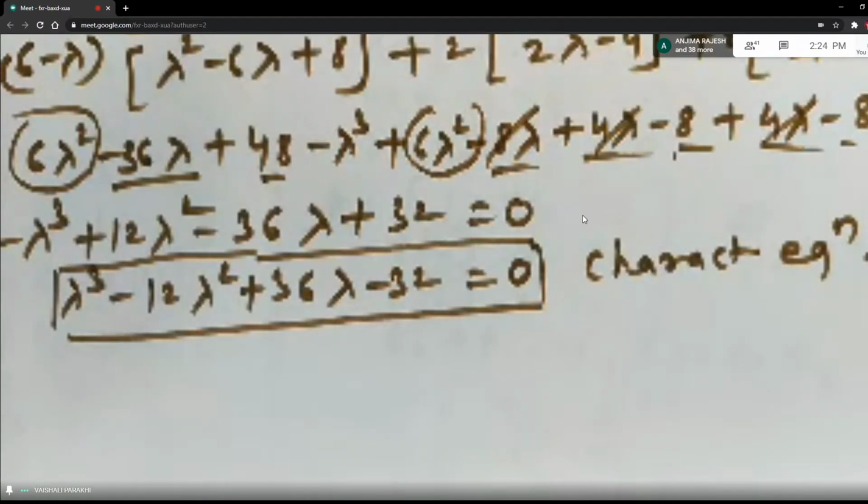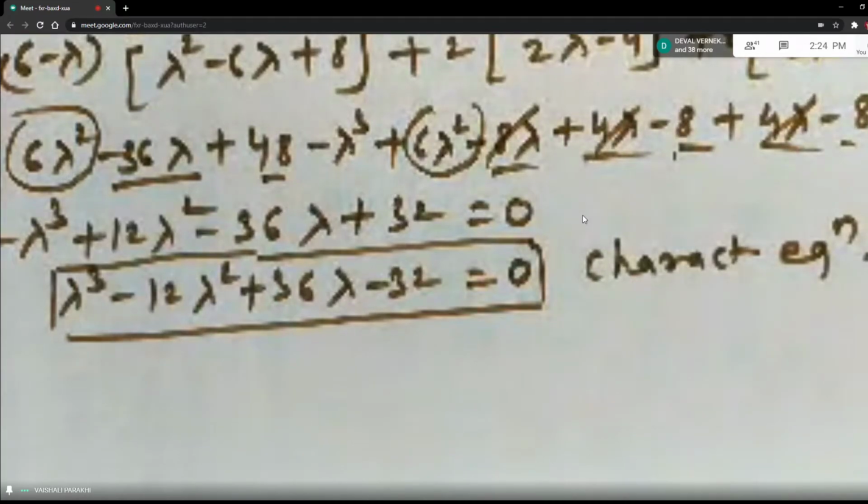Ma'am, 8 comma 2. 8 comma 2. All are having calculators. Today some students may not have, but from next time see that you carry calculators with you. Just type your answers in the chat box.